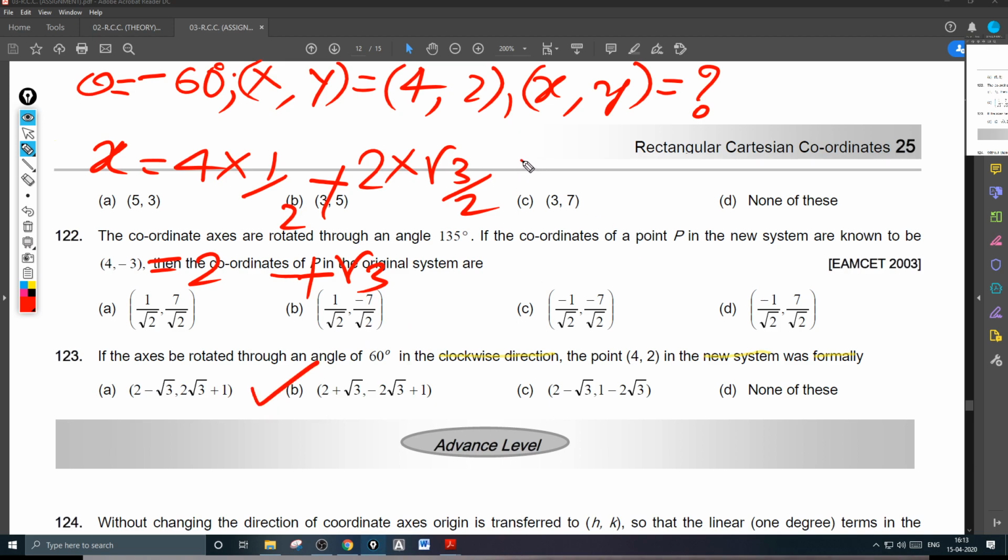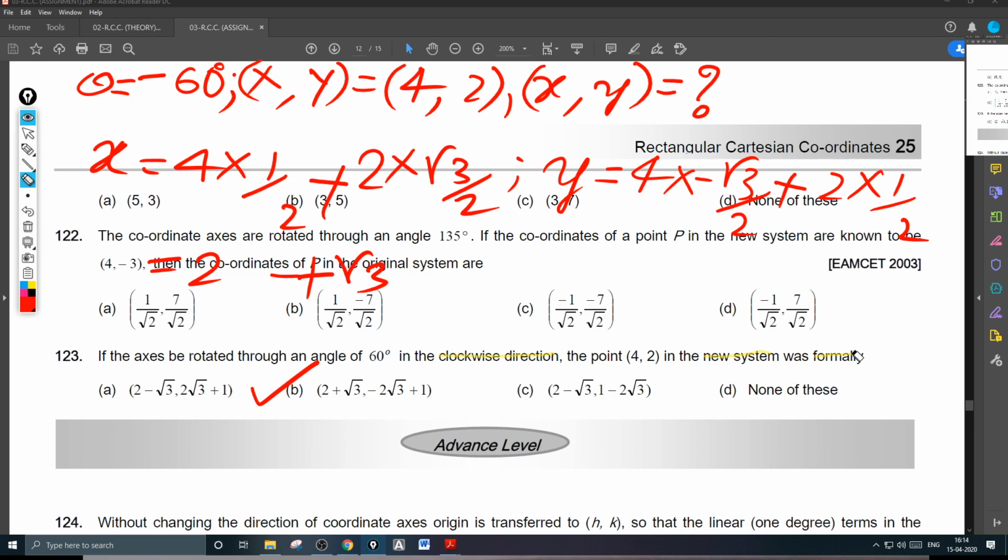And y is equal to X sin theta plus Y cos theta, Y cos theta. One by 2 into 1 by 2.